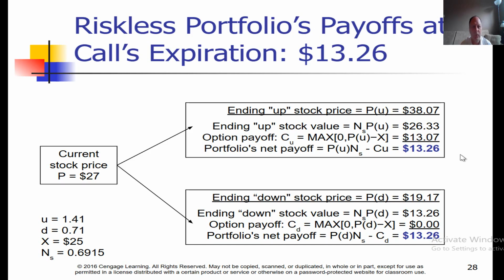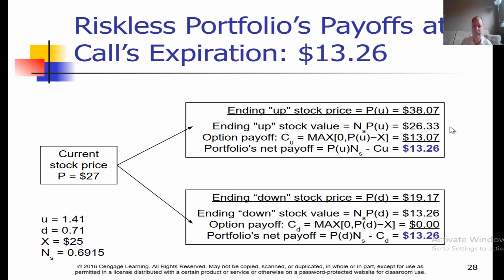We can look at the payoff in each of these cases. So if we purchase this number of shares and the stock price goes up, then we get a payoff at the top of $27 times 1.41, the price that it goes up, times N S, which is our 0.6915, to give us a stock payoff of $26.33.